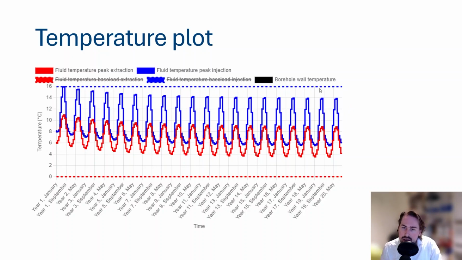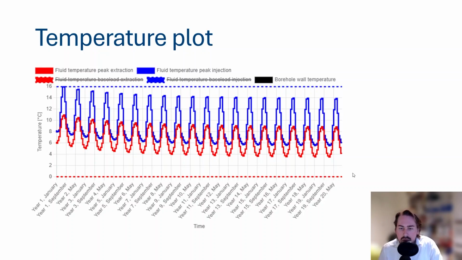And the third line is not that visible here, it's actually the borehole wall temperature, so the temperature at which everything starts, and is the temperature of the ground at the interface of our borefields. And it lies exactly underneath these curves, and it heats up in summer when there is heat injected in the ground, and it cools down in winter when the heat is extracted from the ground.